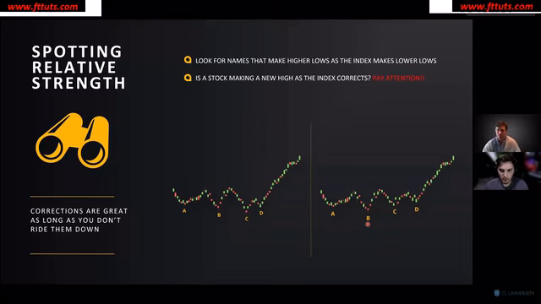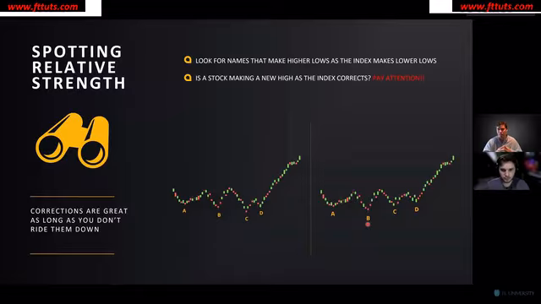So one thing I would say on that is that most growth stocks, even if a name is holding up better than the index, there is potential that percentage-wise it drops more than the index just because it's more volatile.